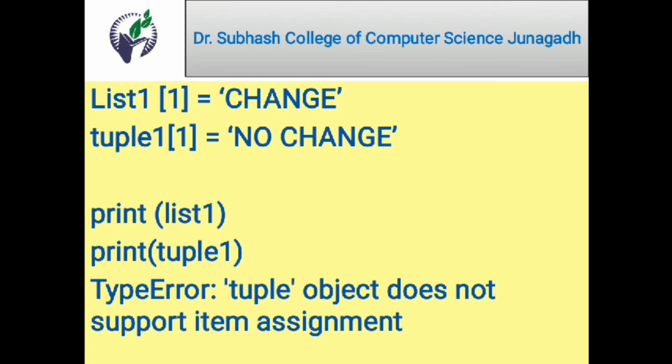What happens to tuple 1? I have given the string no change in single quotes, and once I try to print tuple 1, we get a TypeError: tuple object does not support item assignment. As we have discussed, it is not possible to change the value or size or update a tuple. That is the major difference between list and tuple.